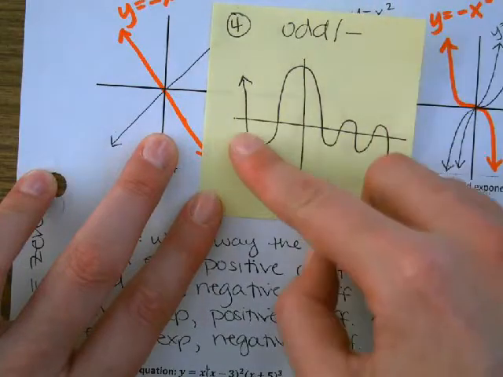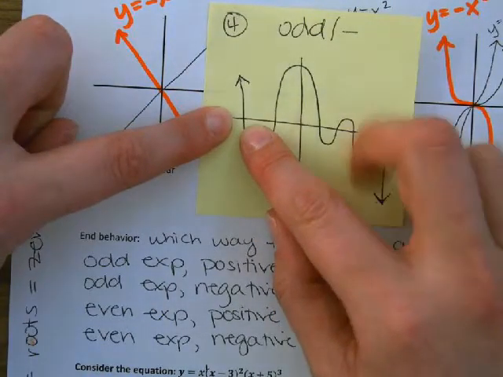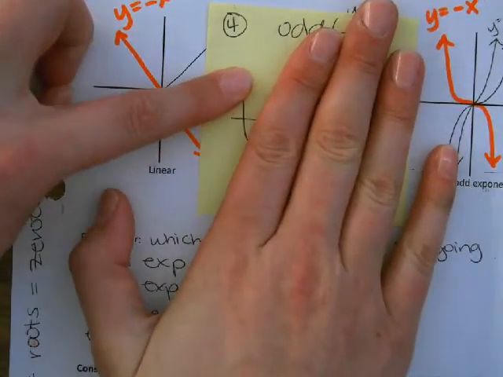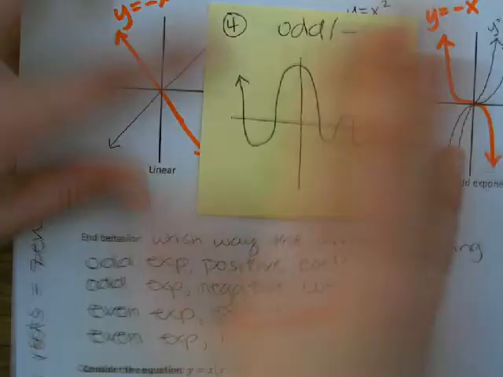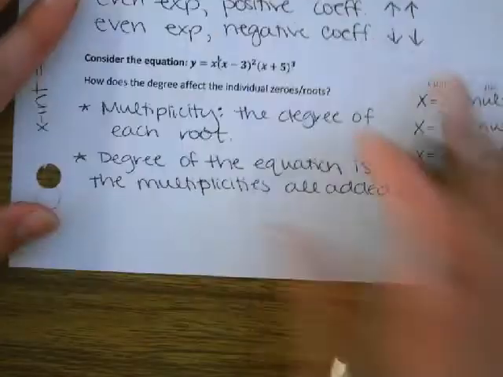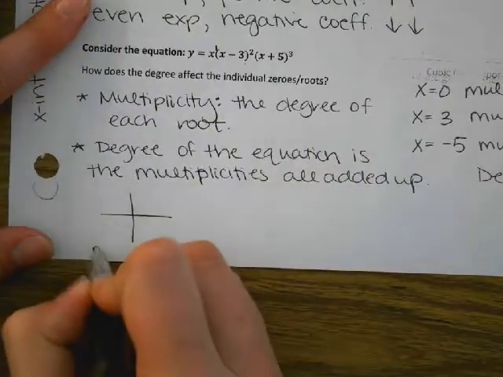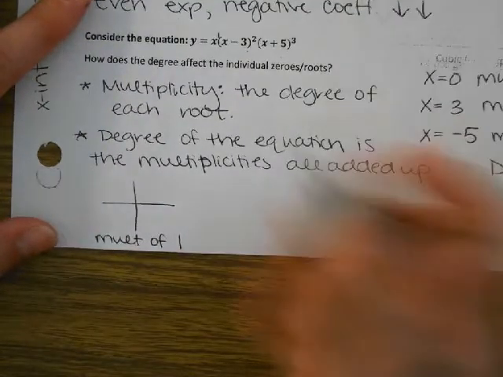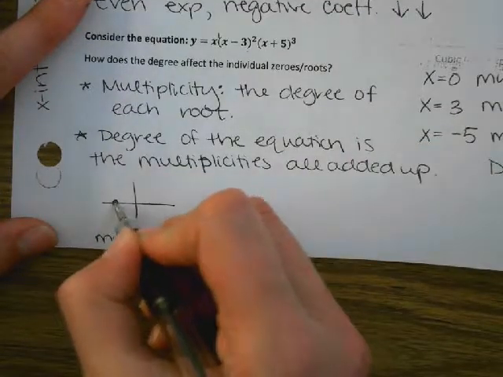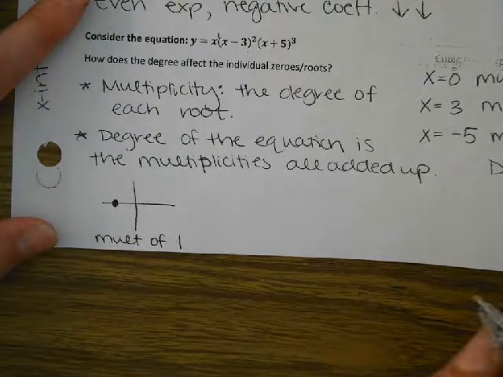Multiplicity is kind of like if you zoom in and look at just the x-intercept. So I'm going to ignore everything else and just look at what happens at that x-intercept right there. That's what the multiplicity tells you. So we can also say that the multiplicity has these same different shapes. So if we have a multiplicity of 1, and here is an x-intercept on the graph, then a multiplicity of 1 is kind of like a linear function.